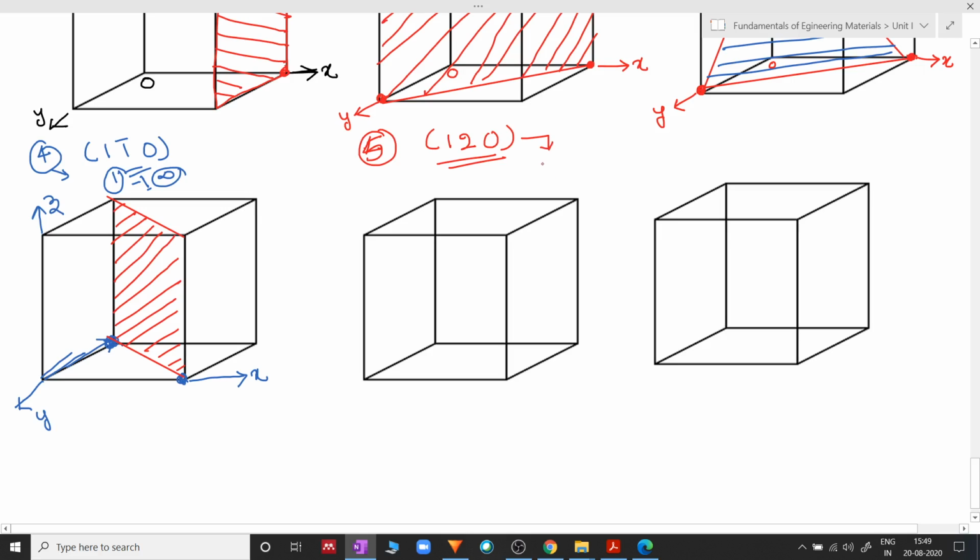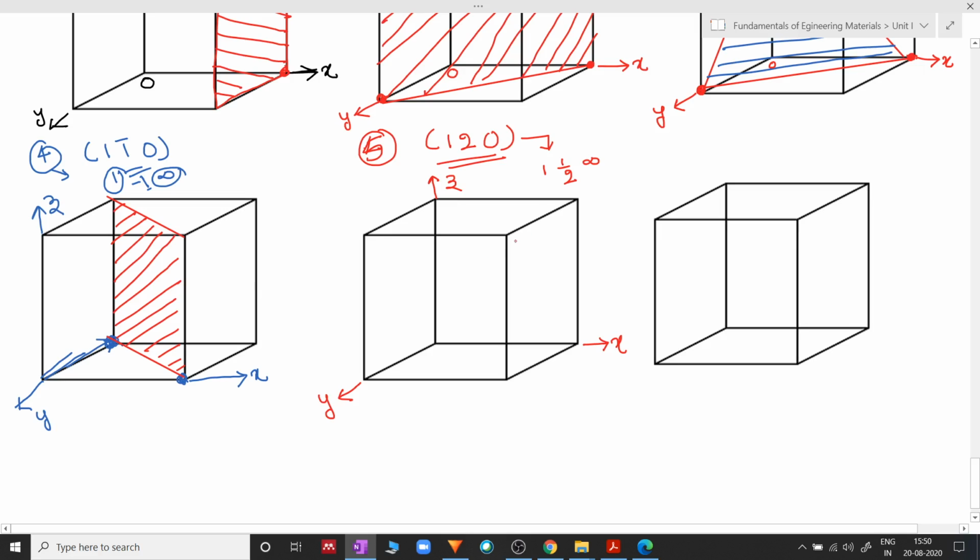Intercepts will be 1, 1 by 2 and infinite. So let us identify these on this unit cell. Because all are positive, we can take this as the x axis and this as the y axis and this as the z axis.